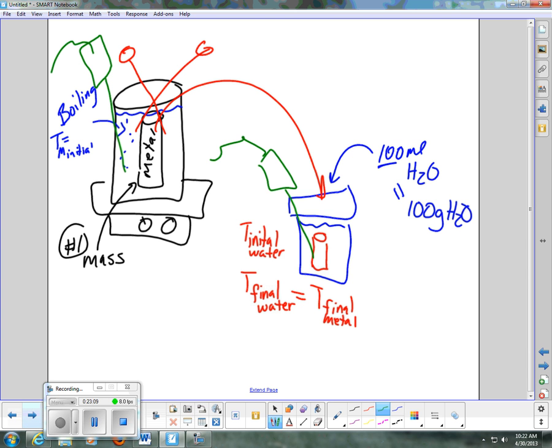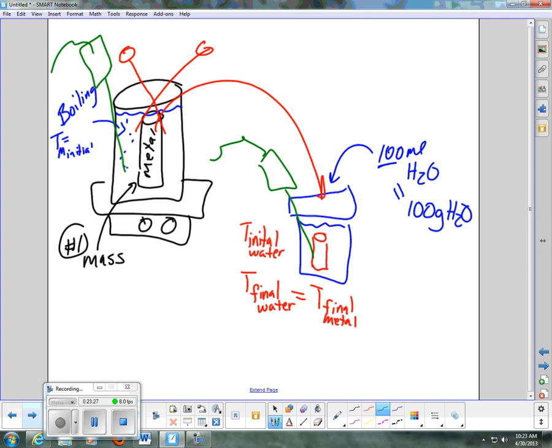We're going to do several metals. So by the law of conservation of heat, whatever heat is gained has to come from somewhere. Whatever heat the metal gave up, the water had to gain.